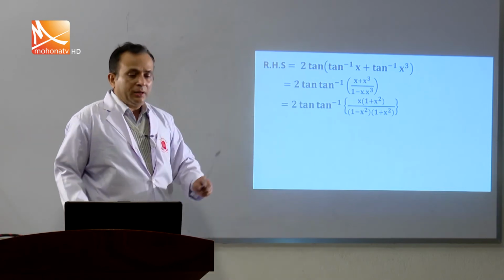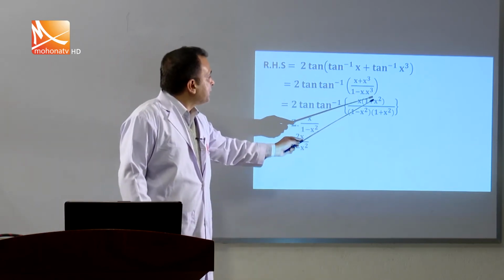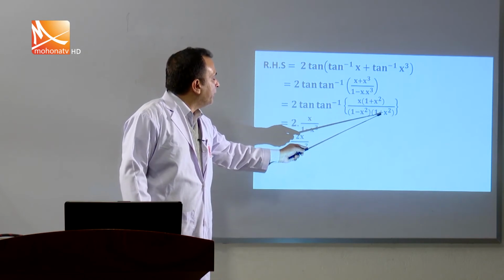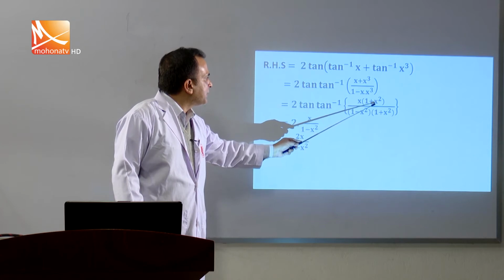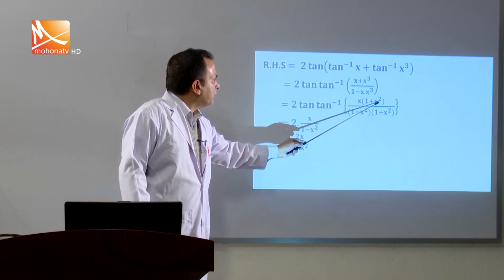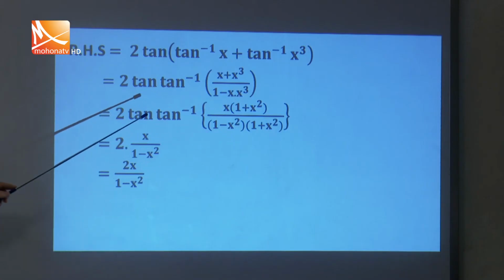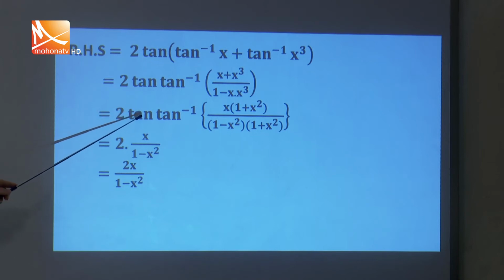Okay. Next line, you just see the next line. This 1 plus x square and this 1 plus x square will be cancelled from the numerator and denominator, by the cancellation method, since 1 plus x square is a common factor. And the tan inverse will be omitted according to the formula.